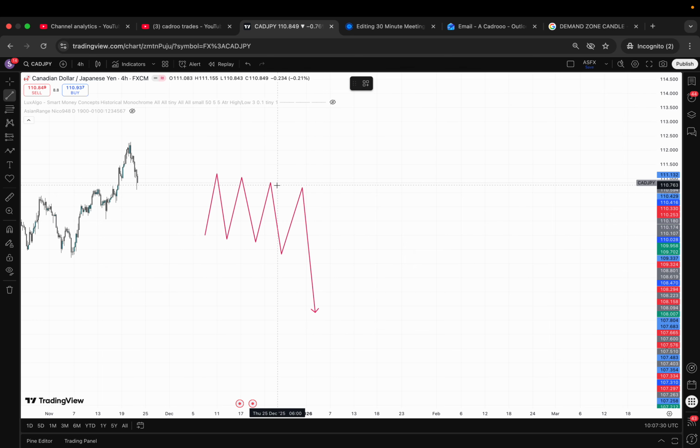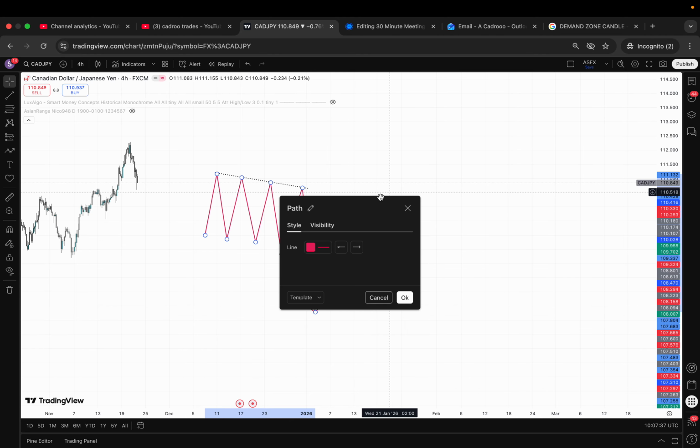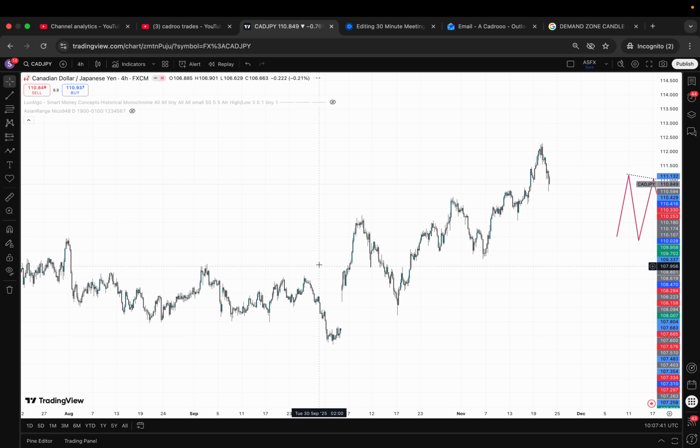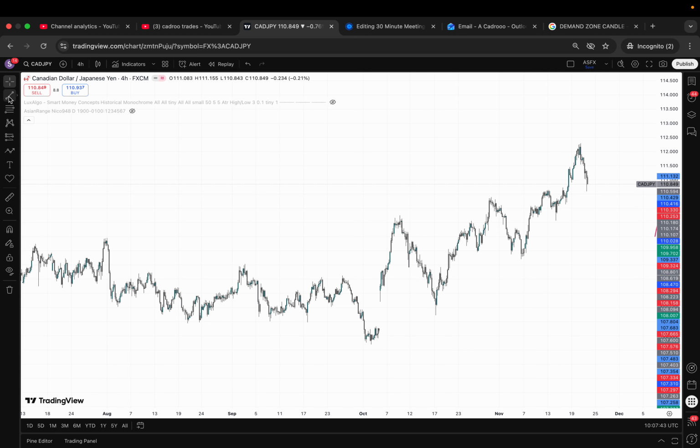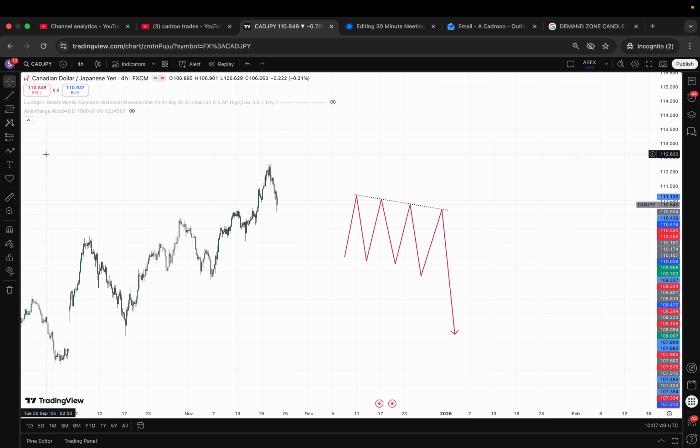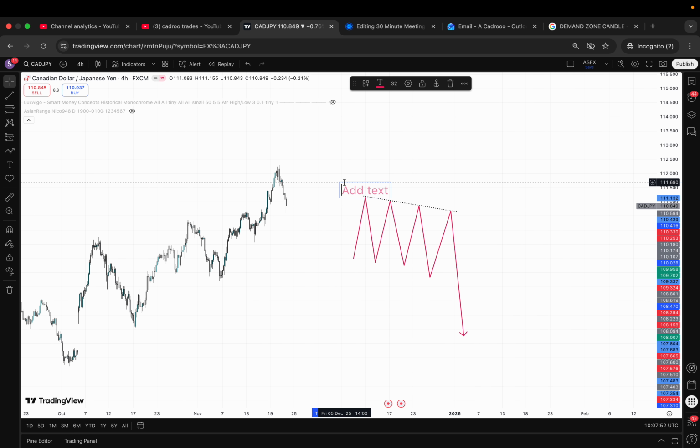So we have what we call equal lows or equal highs. This is where you see, from the name, equal. Can I give an example? You can see something like this: relatively equal highs or lows.